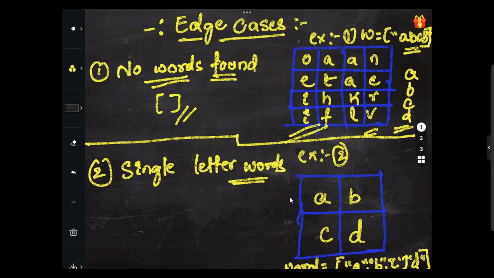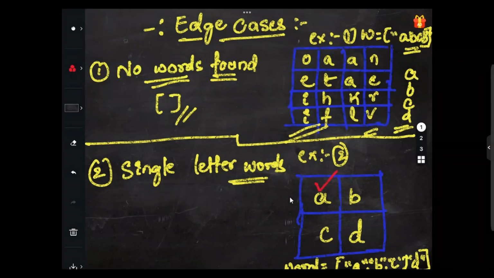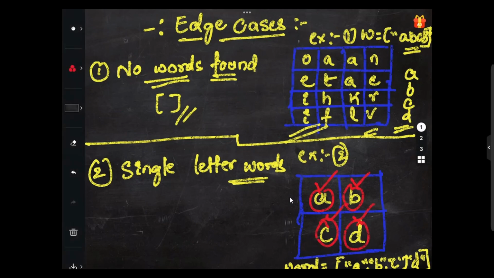Here you can clearly see, first we can consider this one, A. They have asked us to fetch A, B, C, and D as single letter words. Then we will go for B, B we have, then C, this one, and then D, this one. We have the output for this one, right? So this satisfies all the conditions. Single letter words are present in the board.